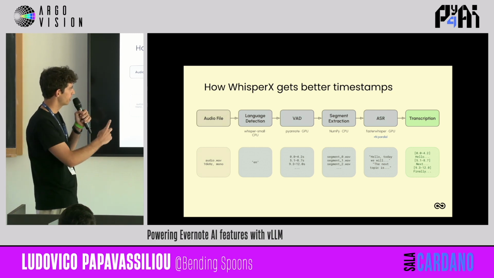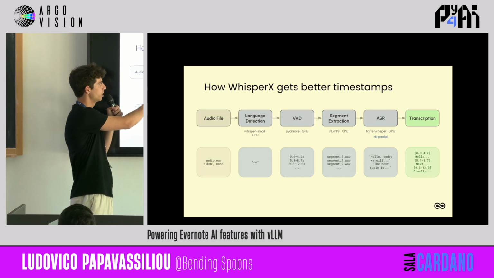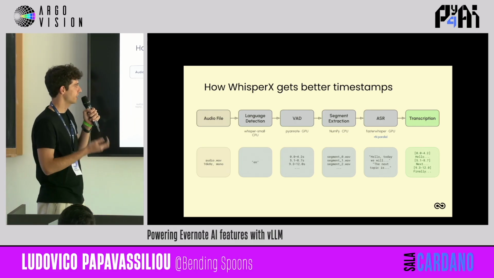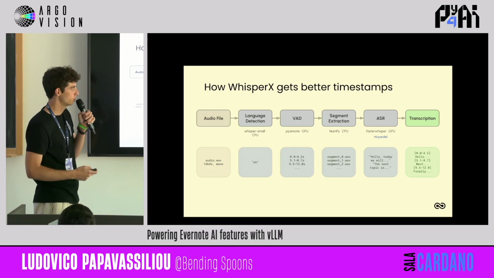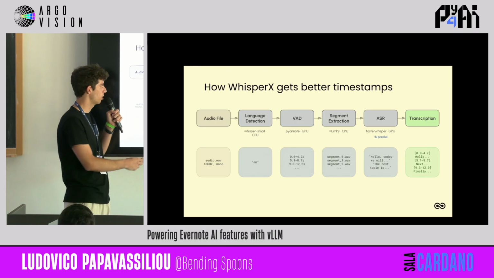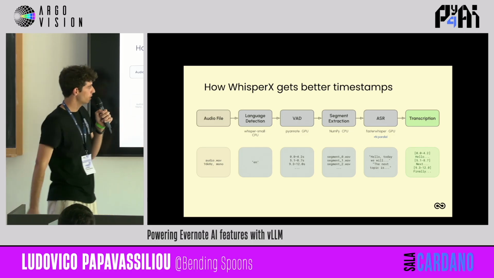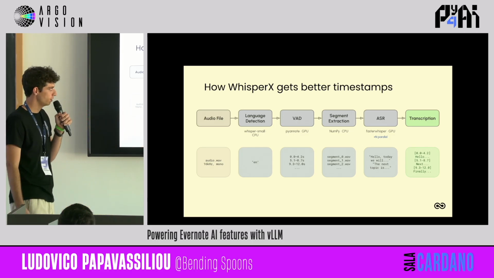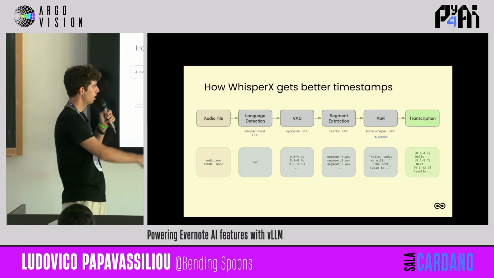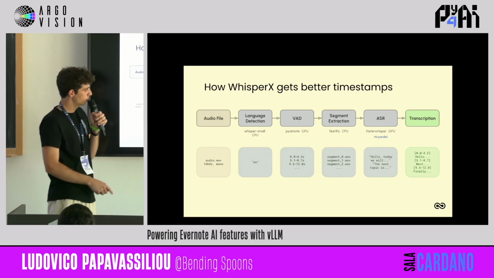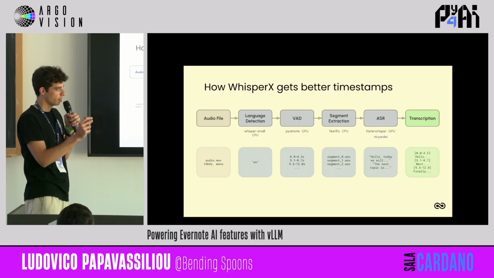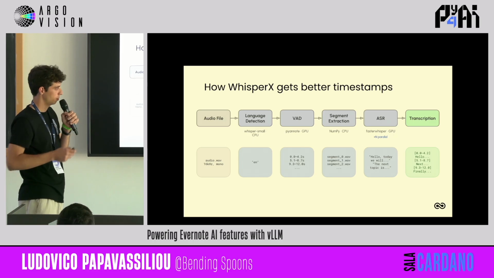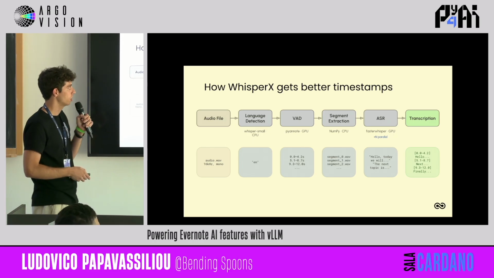So WhisperX has a dedicated model for language detection. It's based on Whisper, but it has a custom classification head for the language, so we can consider it a separate model. Then there's the VAD, voice activity detection, which, given an audio, outputs what parts contain voice elements, cutting away the silence, essentially.